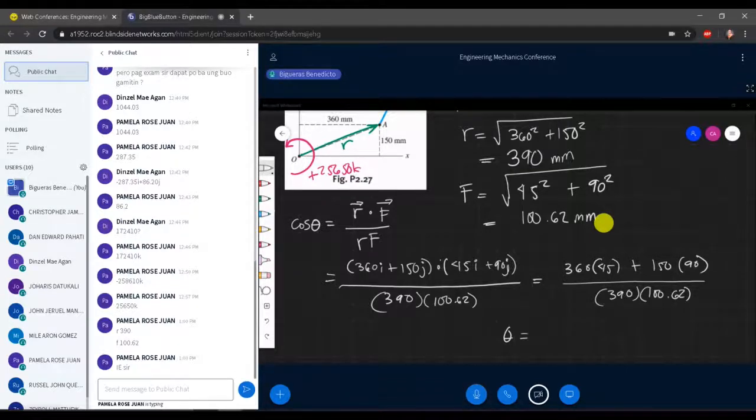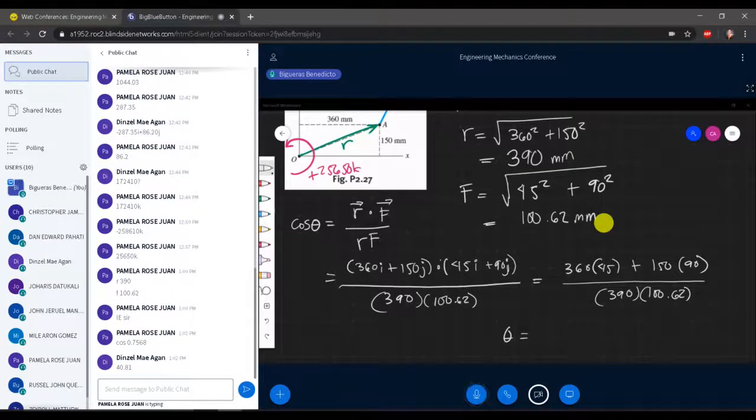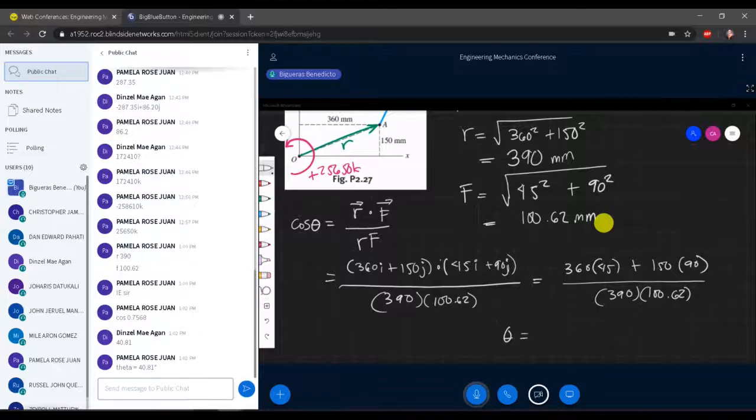Okay, ano angle theta natin? Theta is 40.81.